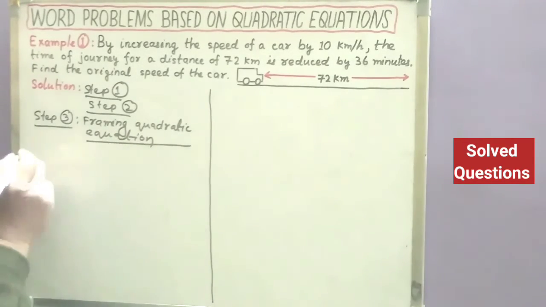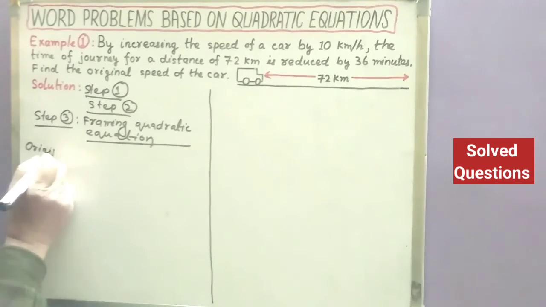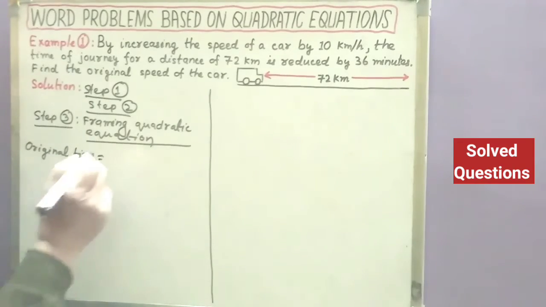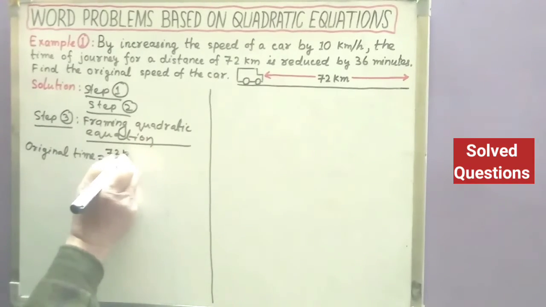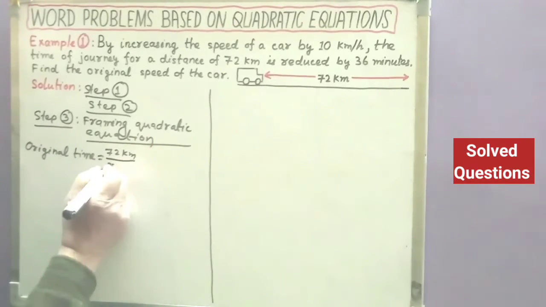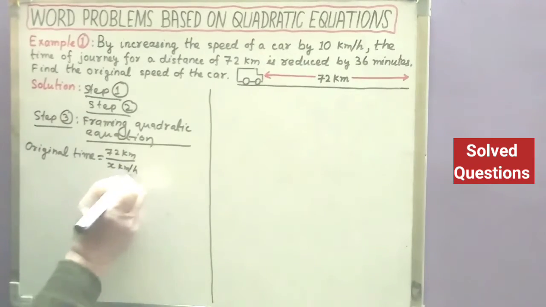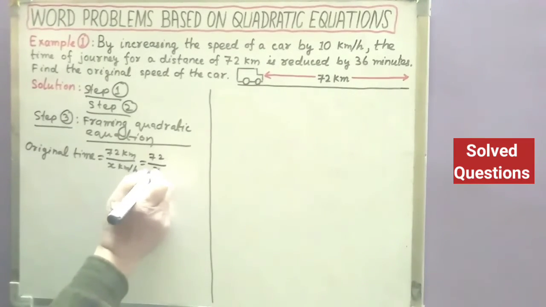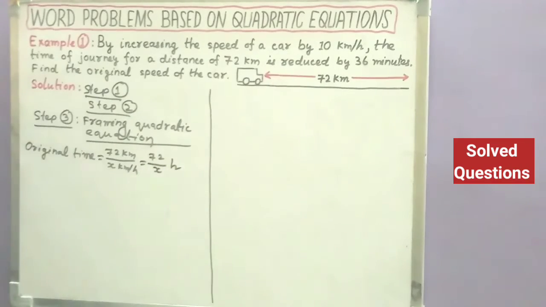Such as, the original time of journey is given by the expression 72 km upon x km per hour, equal to 72 upon x hour.